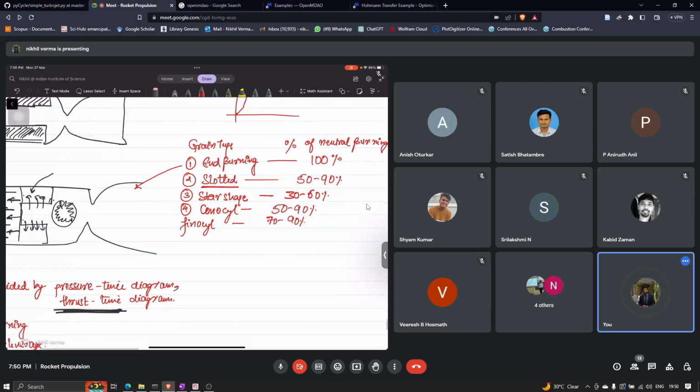Okay, a wagon wheel can give you 10 to 30% of neutral burning.